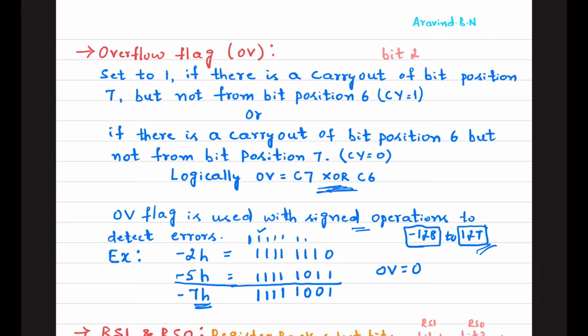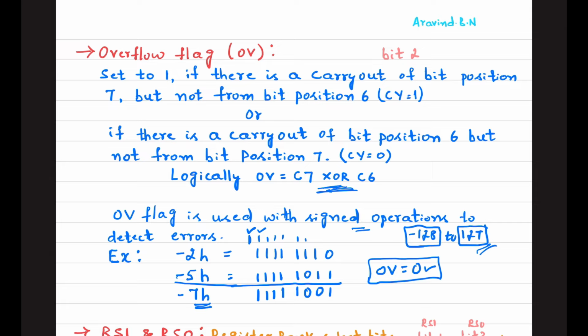Then from bit position 7 to the next one, it is again 1. The XOR between these two values again gives the value 0. So it satisfies both the criteria we have discussed. Hence the overflow flag in this case is equal to 0.